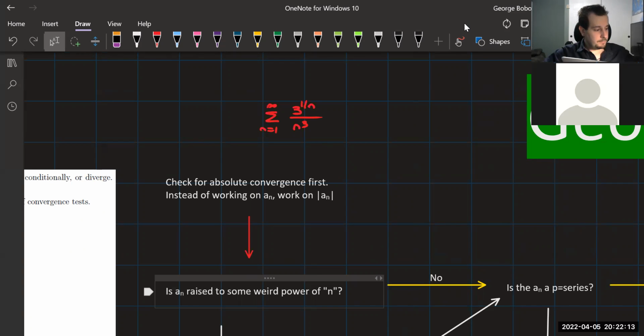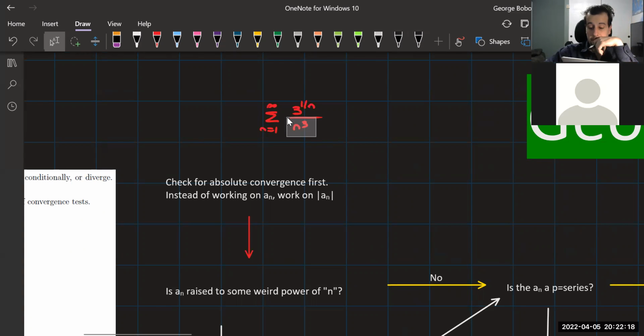Well, you go from 1 to infinity, so you never put in a negative number for n in the first place. Could you get a negative here? No, because if you put anything from 1 to infinity into n, you'll always get a positive here. So we don't need the absolute values.